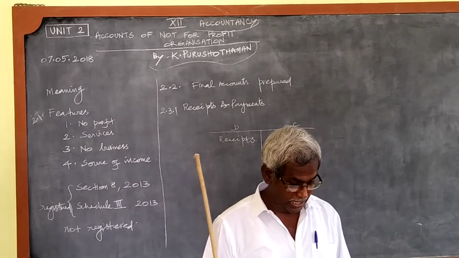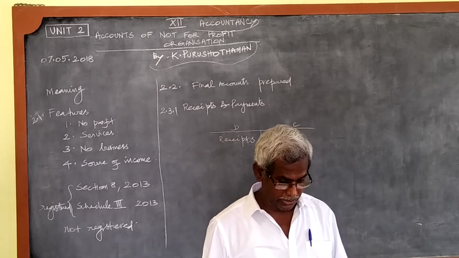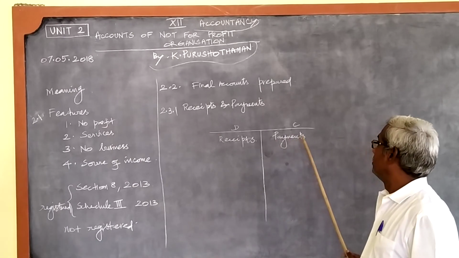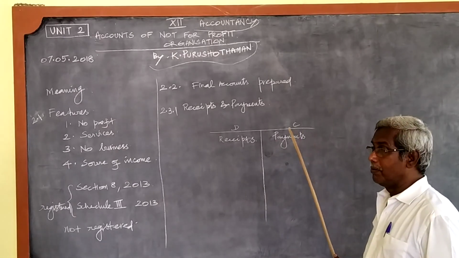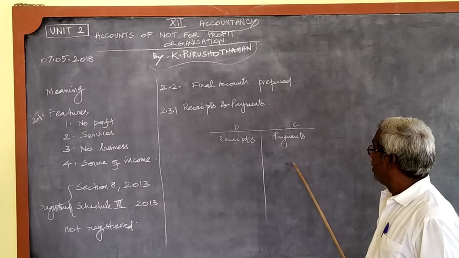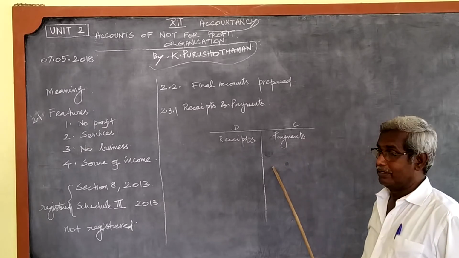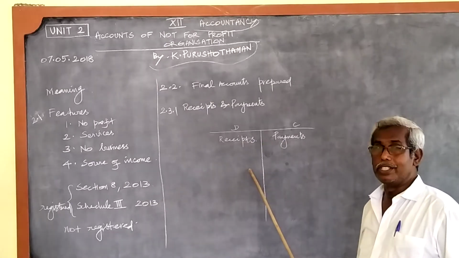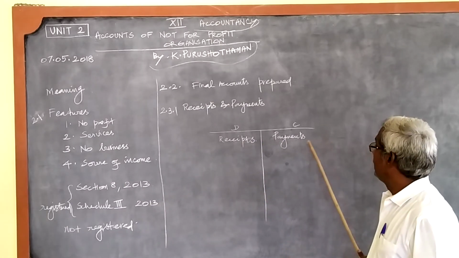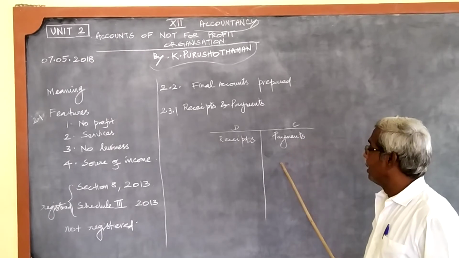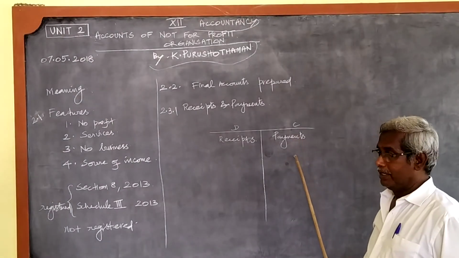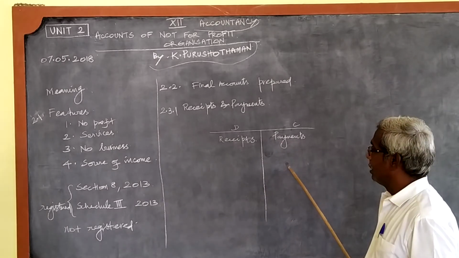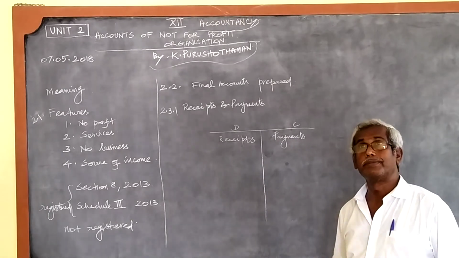And a very important thing: all the payments made are written on the credit side. So when you receive cash, you write it on the receipt side. When you make a payment, it is on the credit side. That is, the income is on the debit side and the expenses are on the credit side.